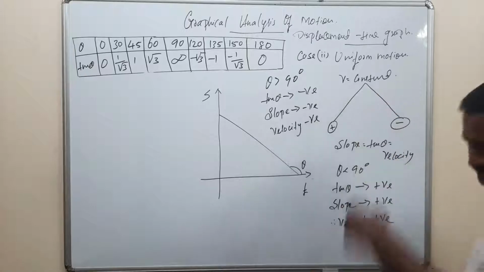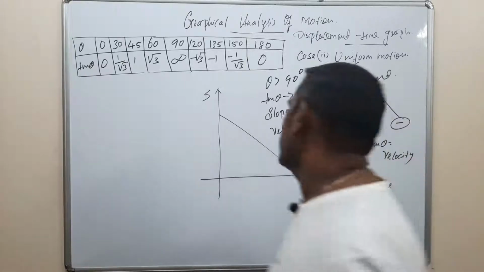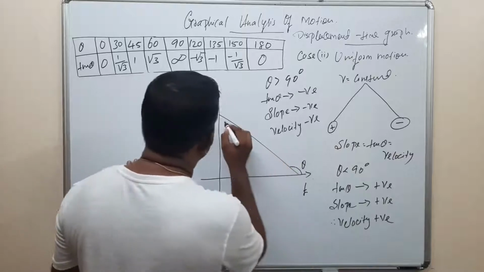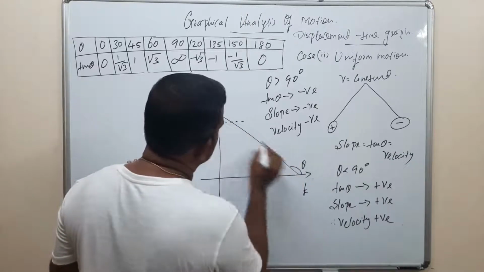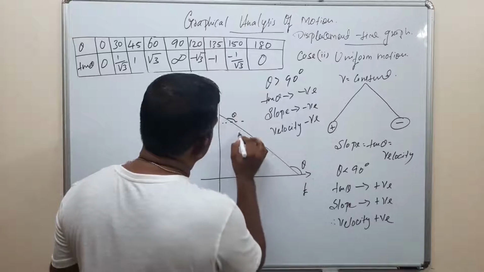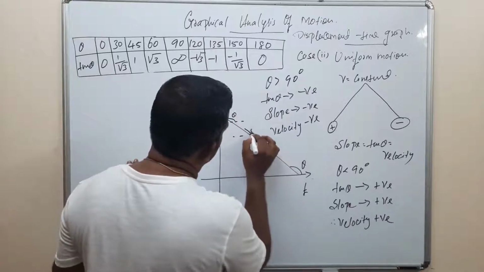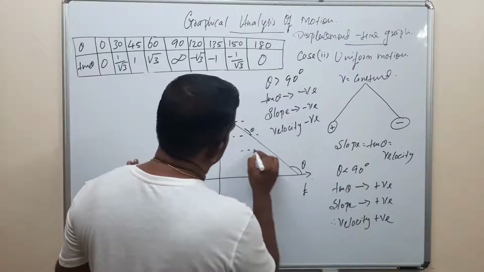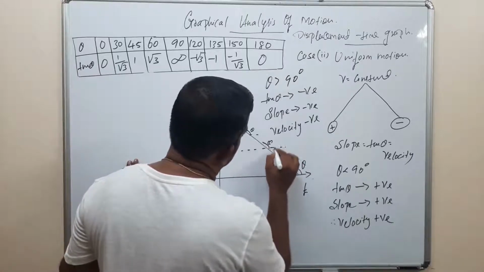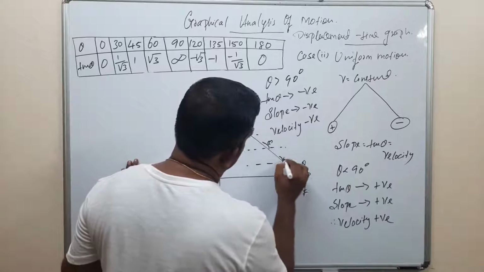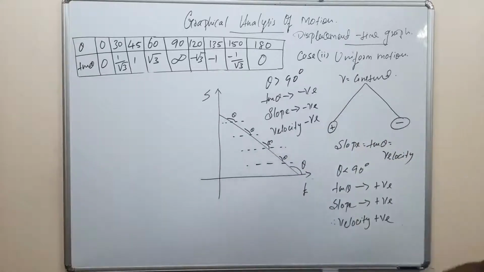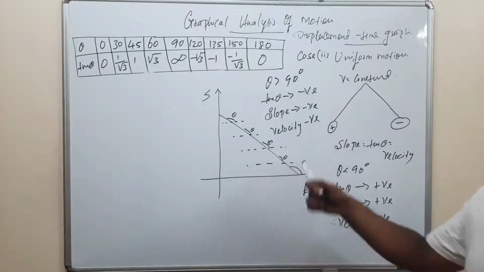Then constant: if you find the slope at each and every point of this curve, the slope is constant, therefore velocity is constant.